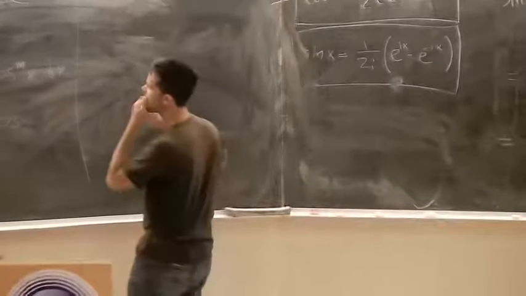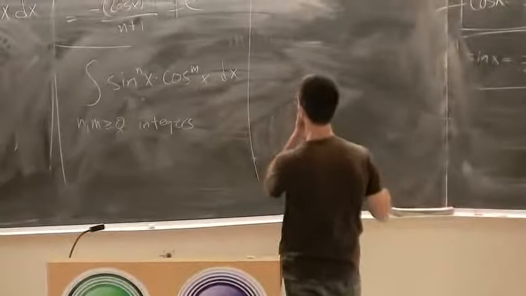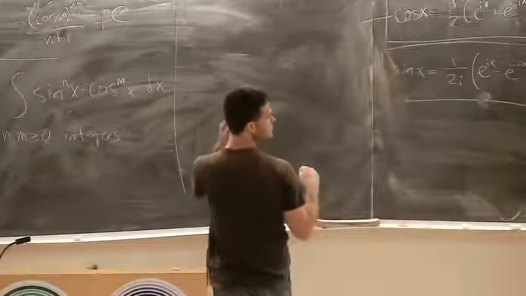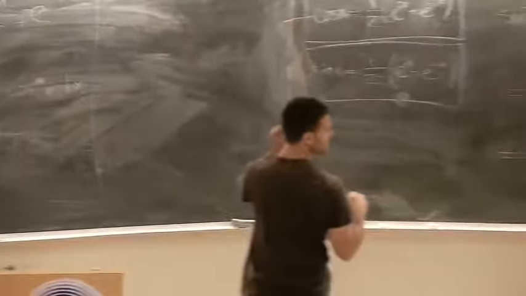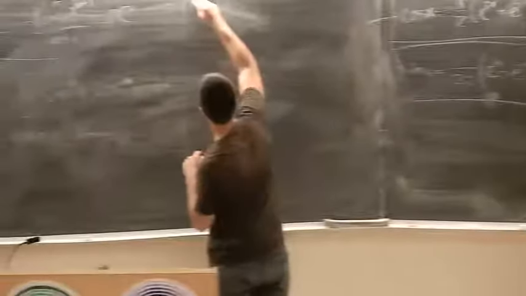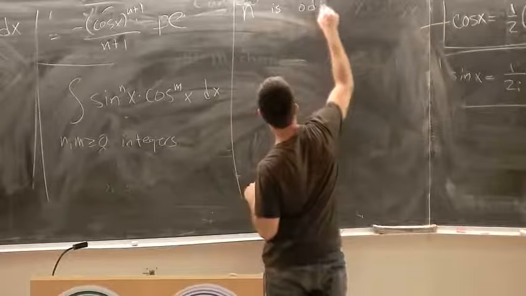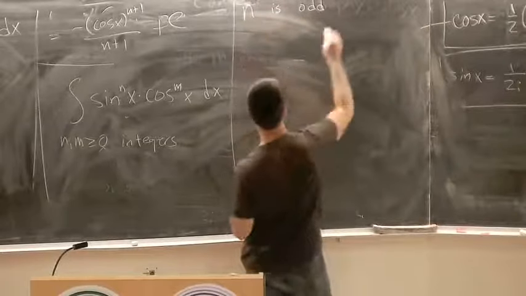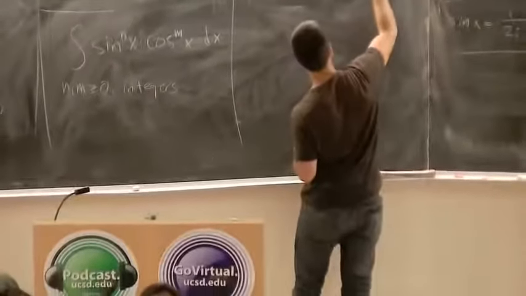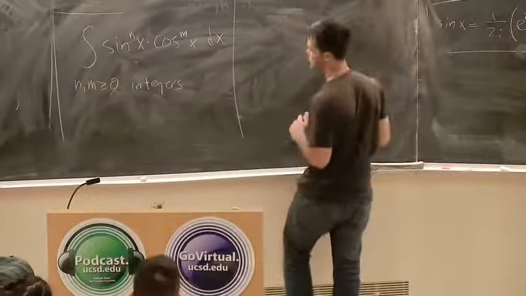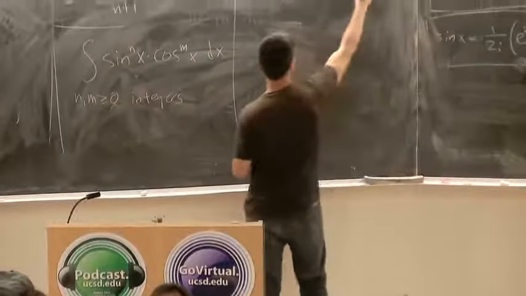Okay, so how about, I like it when, let's do if n is odd. So if n is odd, say n is equal to 2k plus 1 for some integer k.